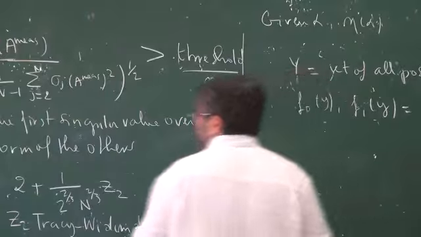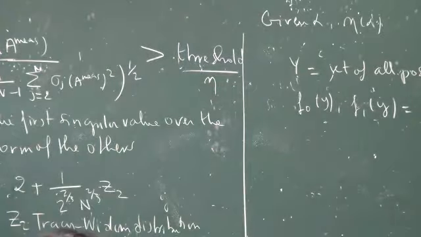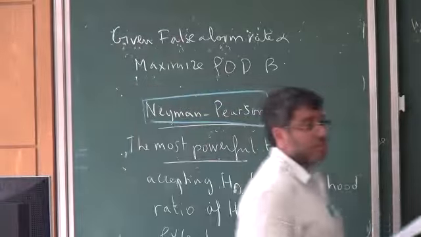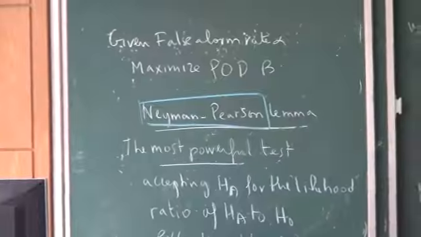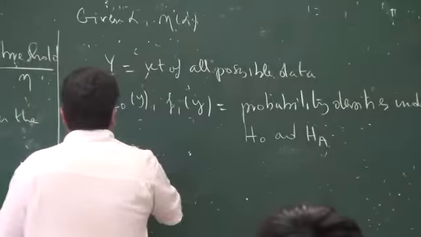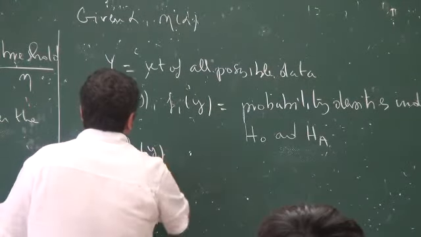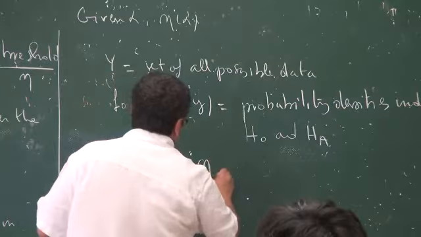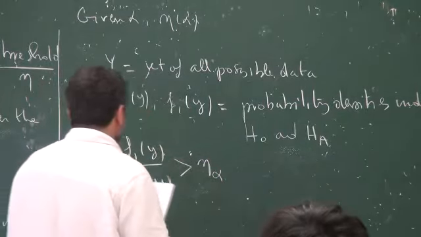So this lemma says that if you want to maximize the probability of detection, then you have to choose F1 such that this is larger than eta alpha.